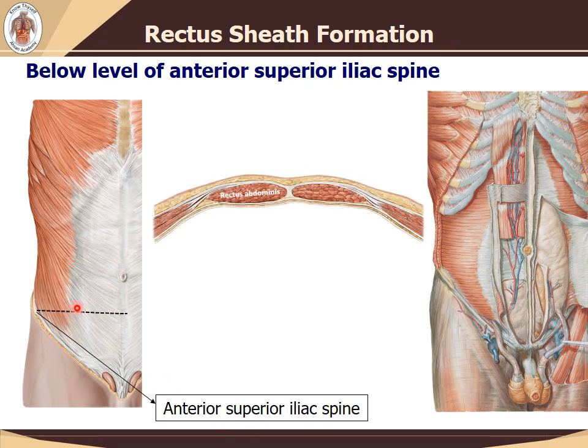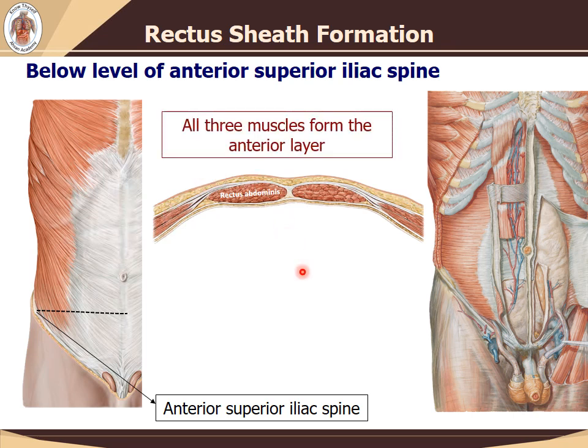The part below, this is the line indicating the anterosuperior spine level. At this level, you can see all the three aponeuroses going anteriorly. So posteriorly, there is deficiency. No aponeurosis is there. So anteriorly, the three anterolateral muscle aponeuroses fused together, meaning external oblique, internal oblique, and transversus abdominis together make the anterior layer and fuse with the opposite side in the linea alba.